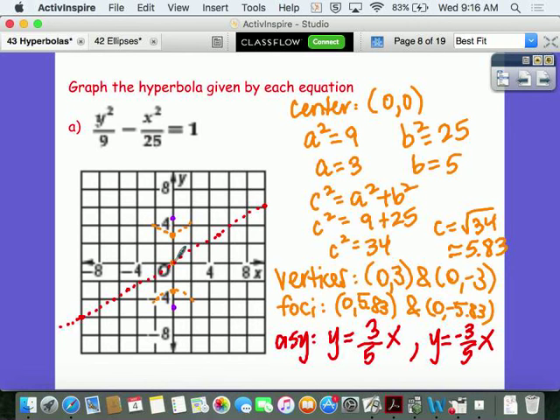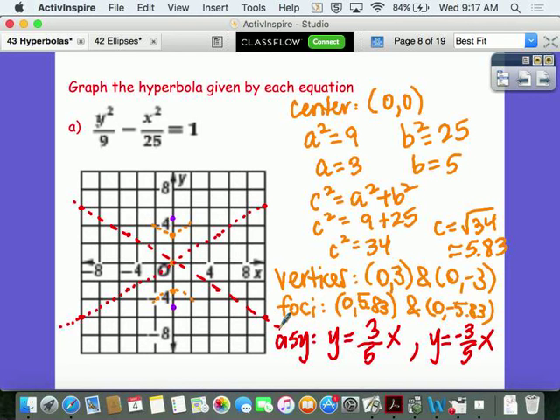I start at my center. This time I'm going to go down 3 and to the right 5, or up 3, left 5. And there are our asymptotes.